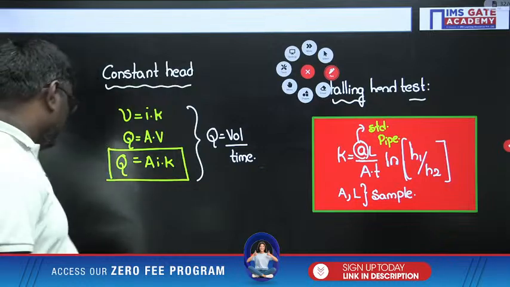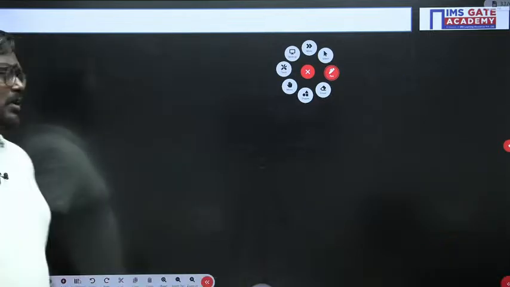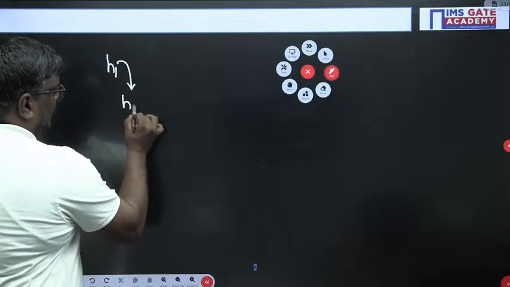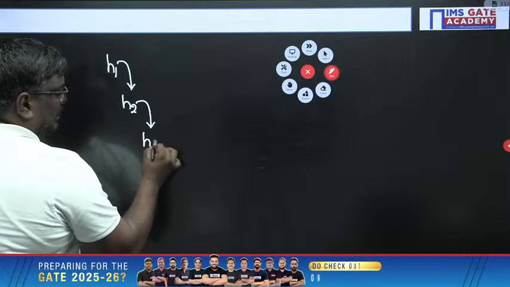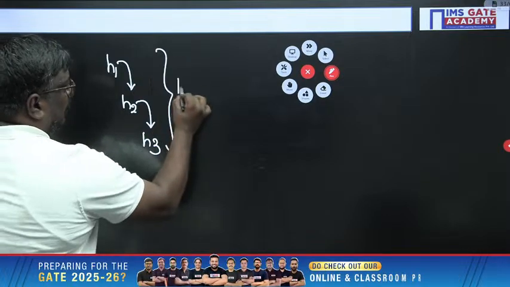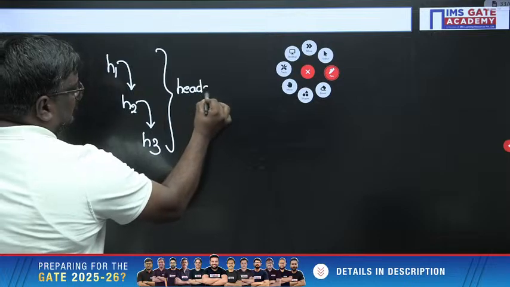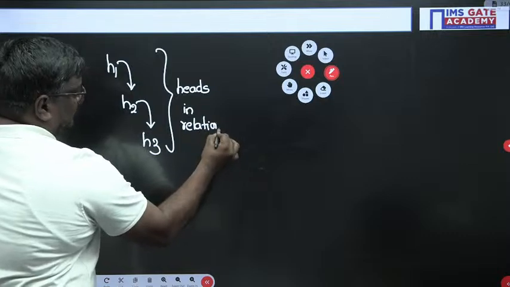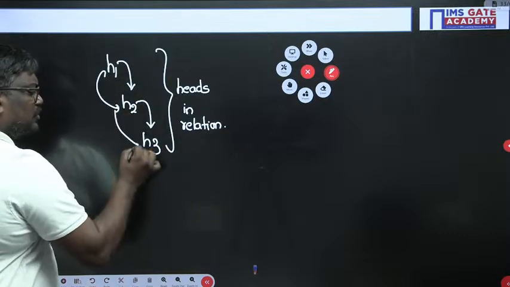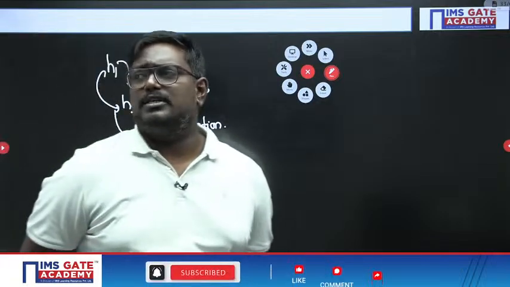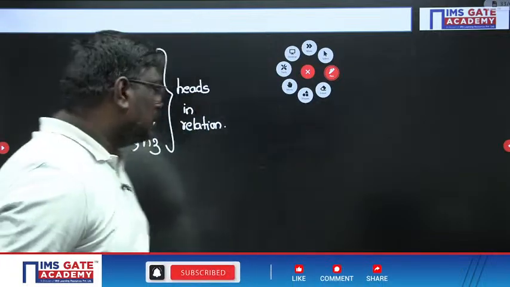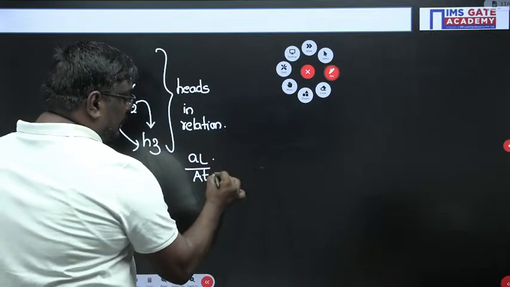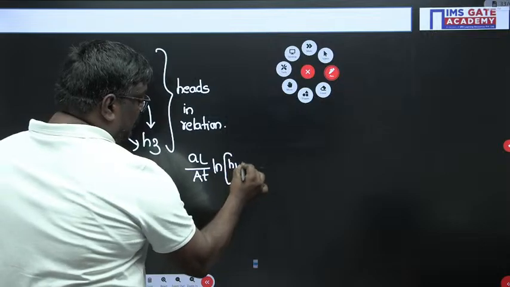And there was a beautiful question framed on this variable head test in one of the IES questions. If a head is falling from H1 to H2 and then from H2 to H3, then the heads will be in what relation, if all the parameters are kept constant? In this case, aL by At can be written as ln(H1 upon H2).